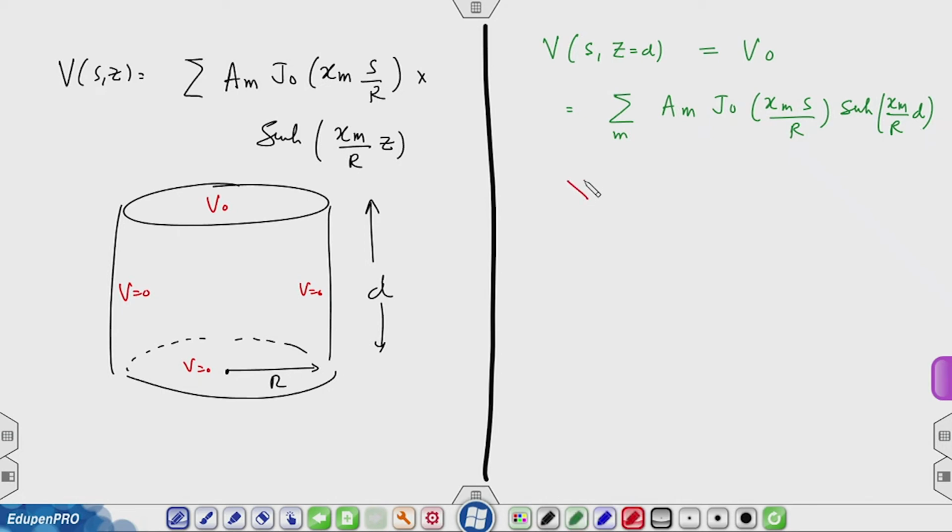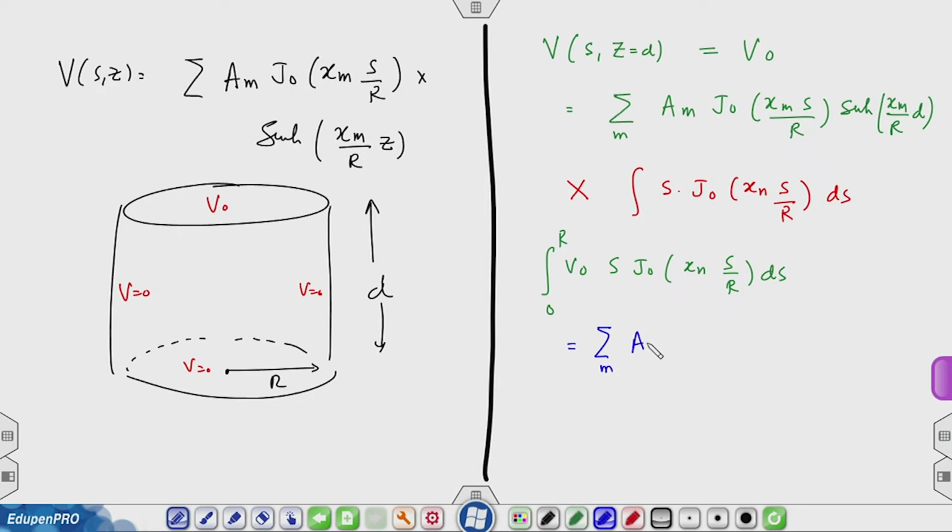Now, I will multiply both sides by s J0 x n s over r and integrate with respect to s to get integral 0 to r V 0 s J0 x n s over r d s is equal to, the right hand side is going to be summation m a m integral s 0 to r J0 x m over r s J0 x n over r s d s times sine hyperbolic x m over r d.